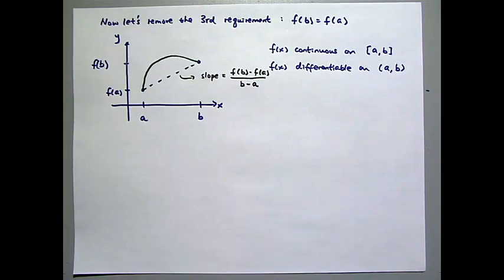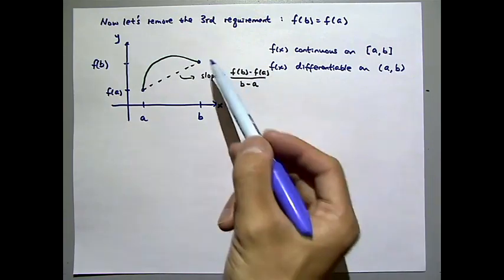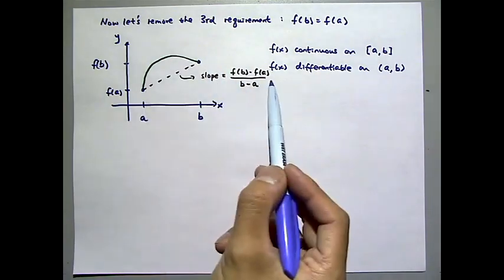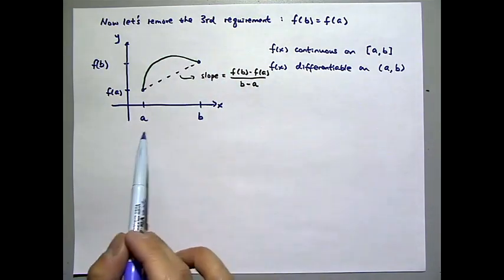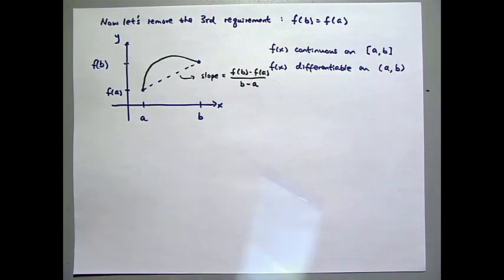Slope of that dotted line here is y2 minus y1, f of b minus f of a, over x2 minus x1, b minus a.